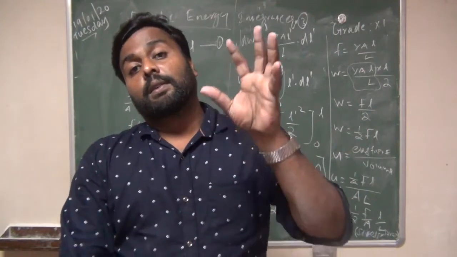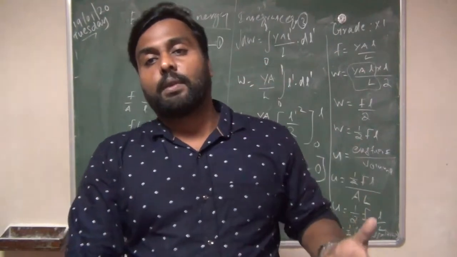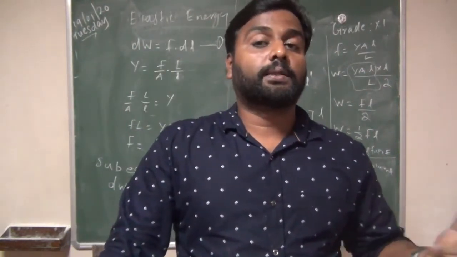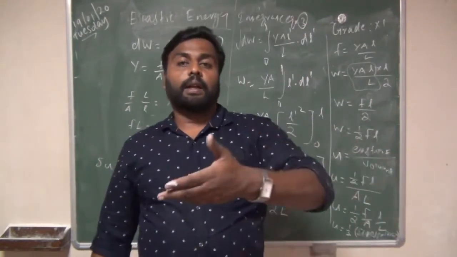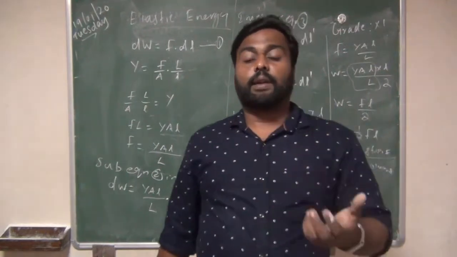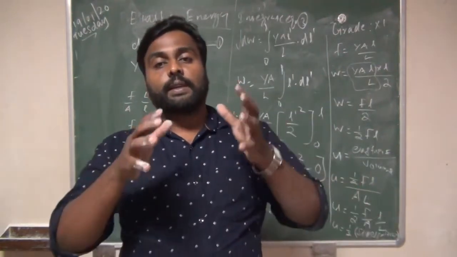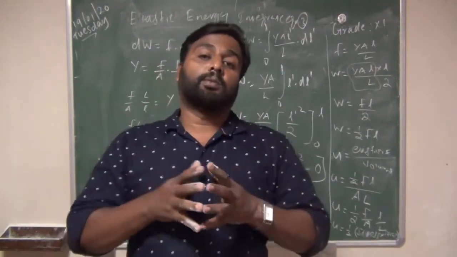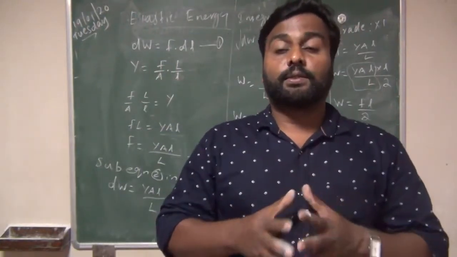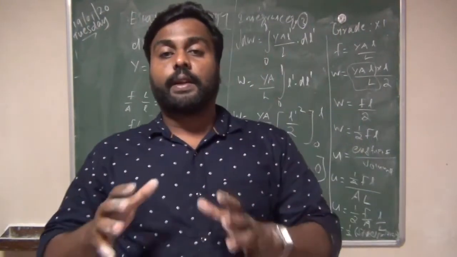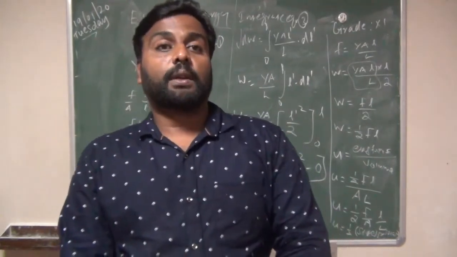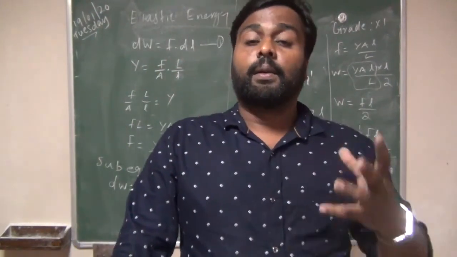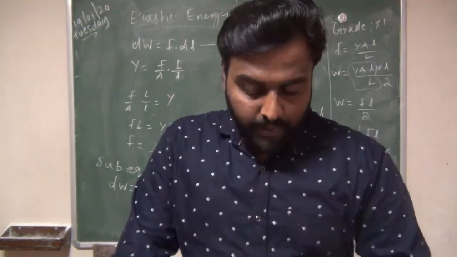That's why iron is used in the construction field for concrete and so on. Then aluminium is used for making vessels, because its bending is more and its Young's modulus value is less. So it is very important to know the Young's modulus values for each and every material.